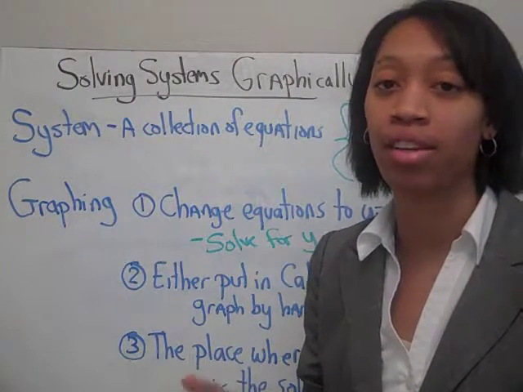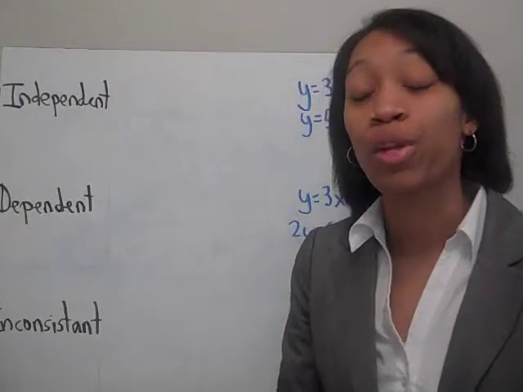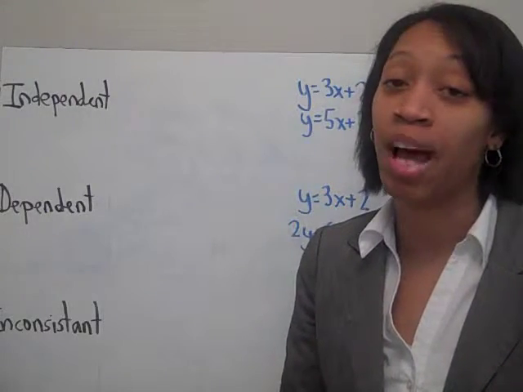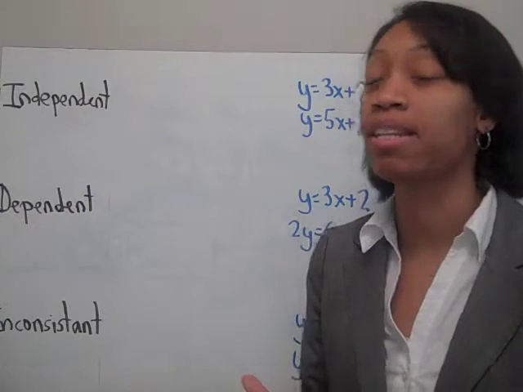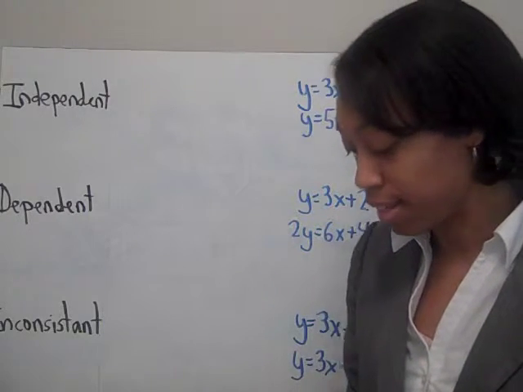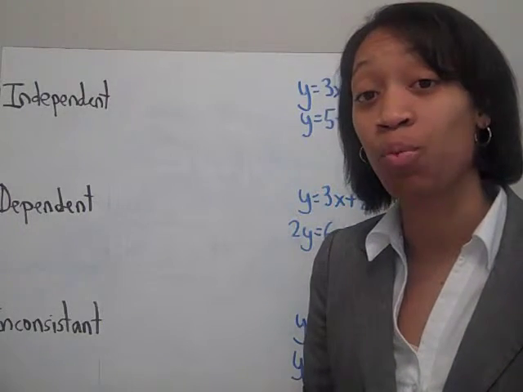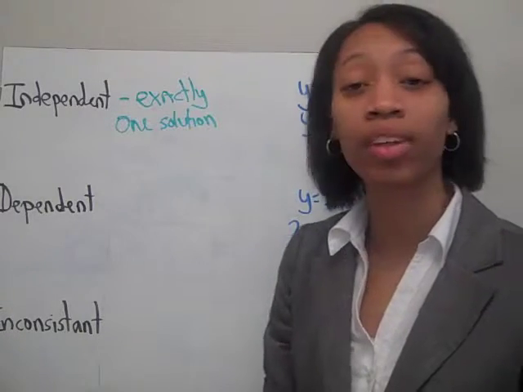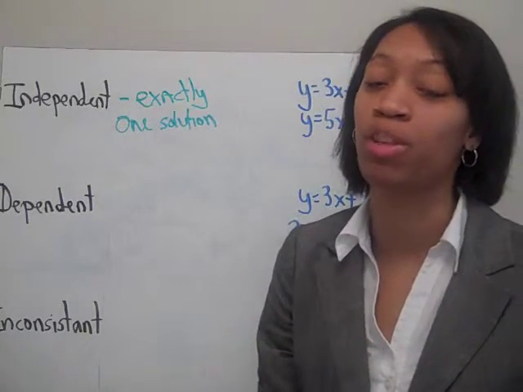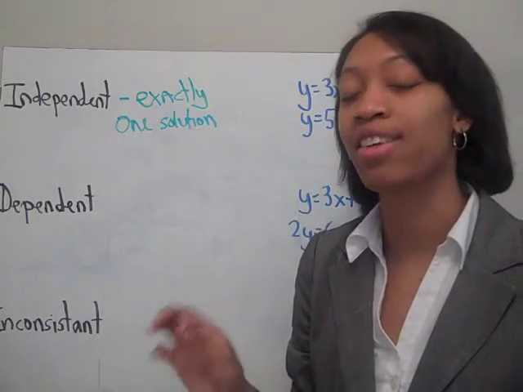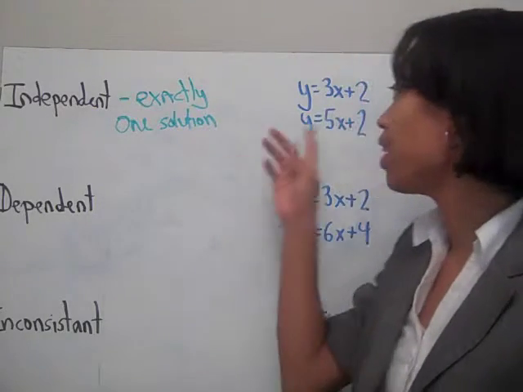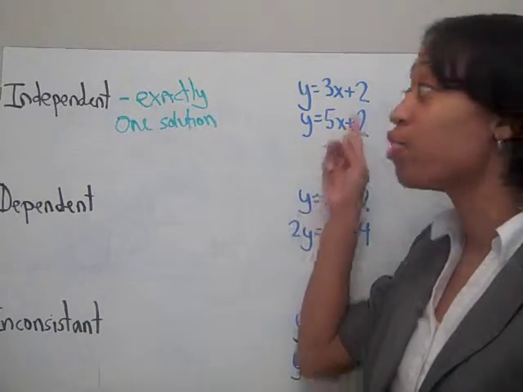one of three things could happen. When you solve a system graphically, the first thing that could happen is that you have an independent system. That means that you have exactly one solution. If the two equations are independent, there will be just one solution. You can tell that there will be exactly one solution if the equations have different slopes.